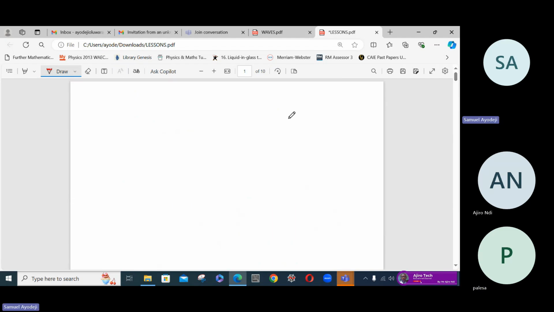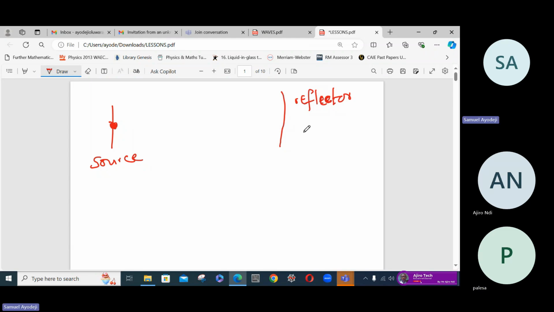So how does it form? For instance, this is where you generate the waves. There must be a source of the wave. Let's say you have the source here. Then there must be something called either a screen or a reflector. There should be a reflector here.